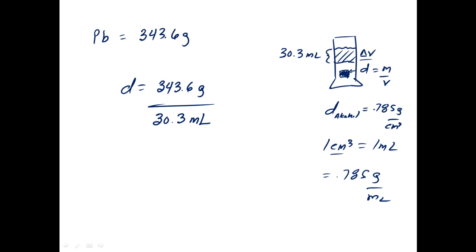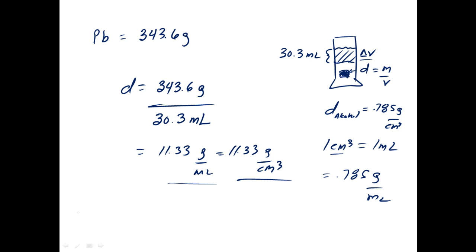So the density is equal to 343.6 divided by 30.3. That equals 11.33 grams per milliliter, or that could be 11.33 grams per cubic centimeter. If we're talking about solids, we usually use this, grams per cubic centimeter. If we're talking about liquids, we usually use grams per milliliter.